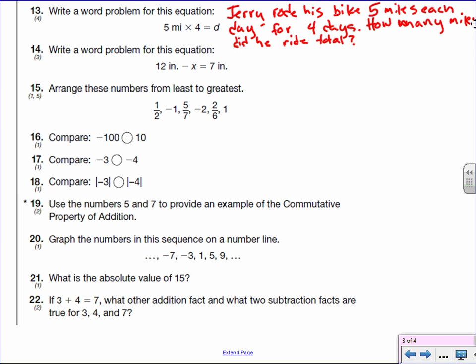Write a word problem for this equation. 12 inches minus x equals 7 inches. So maybe you had a length of rope. So let's see. Maritza had a 12-inch string, let's say.